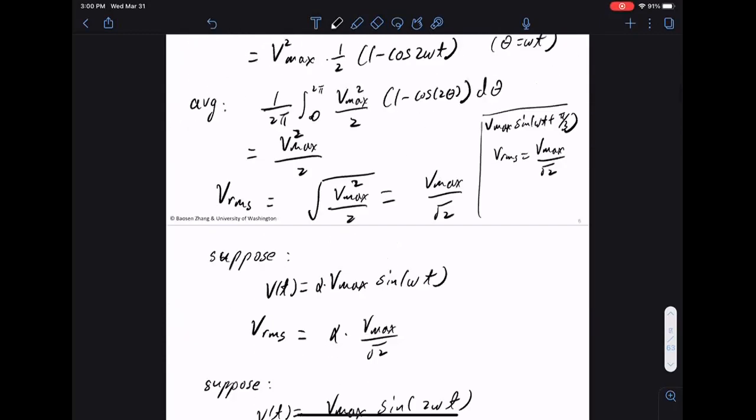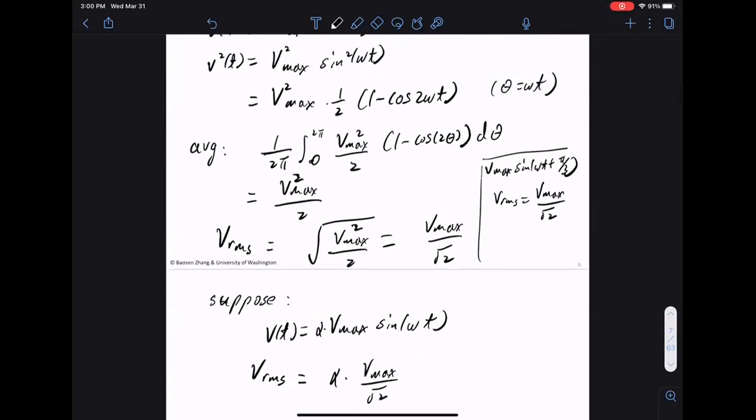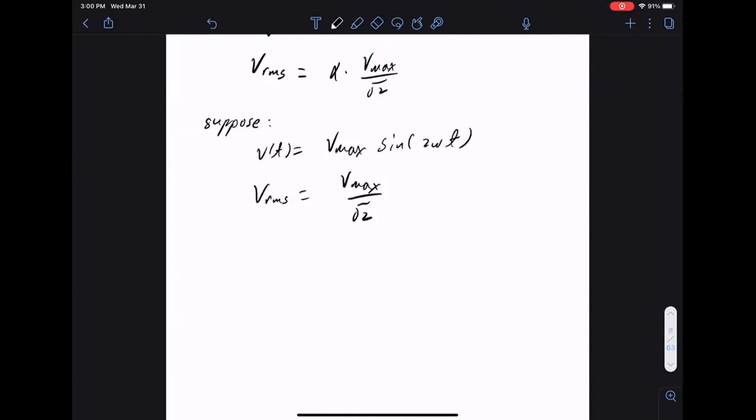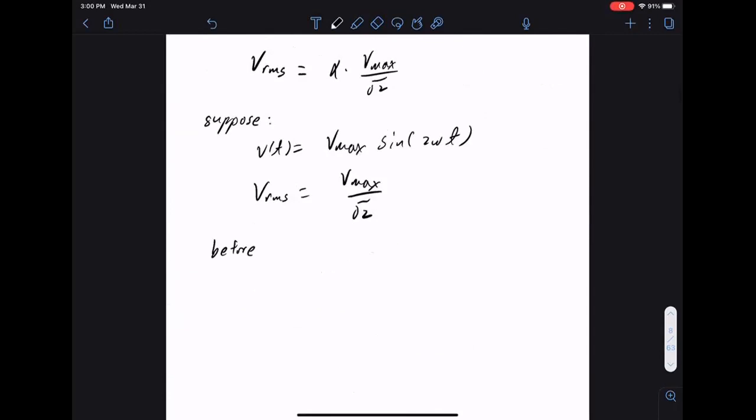If you look at this integral, we're integrating 1 over 2 pi, over 2 pi. Before, we labeled omega t as theta, and we integrate over a 2 pi period of theta.